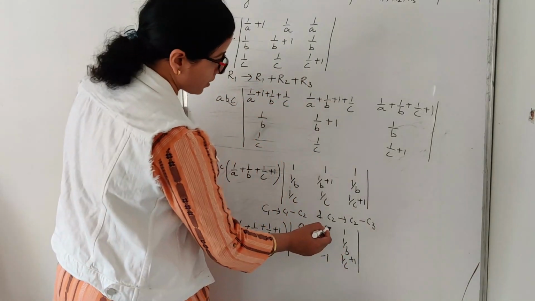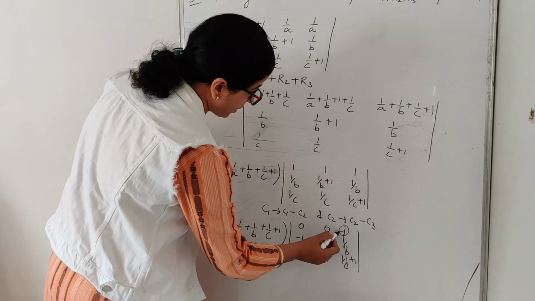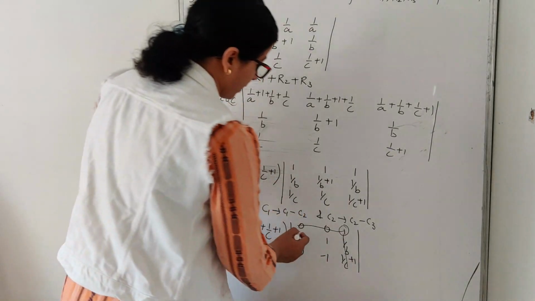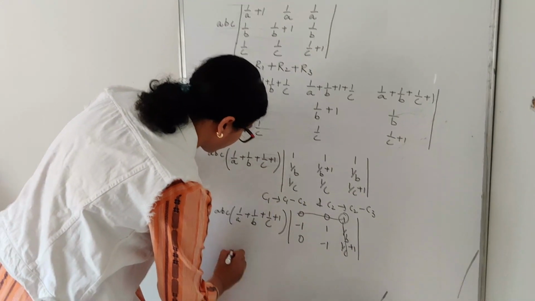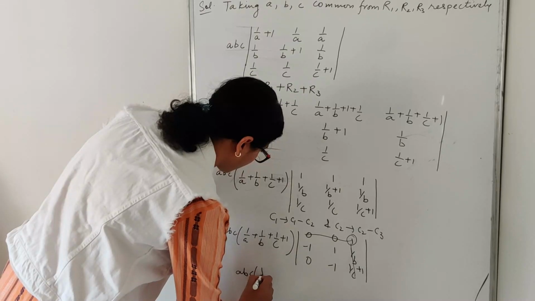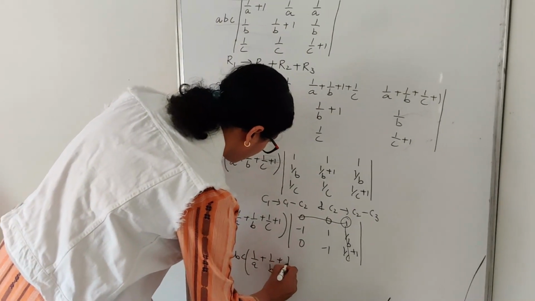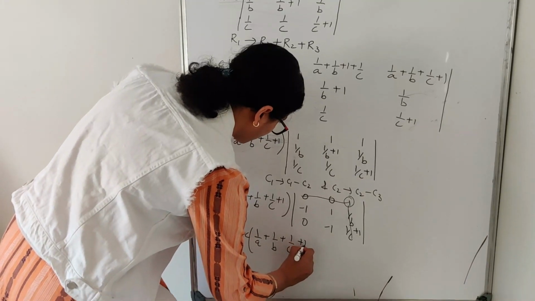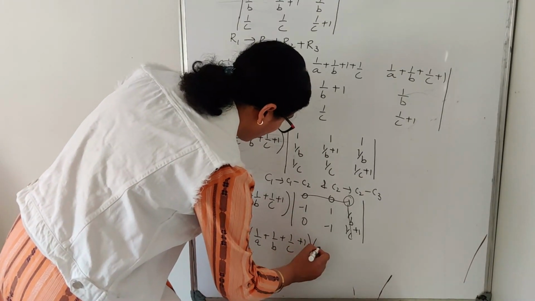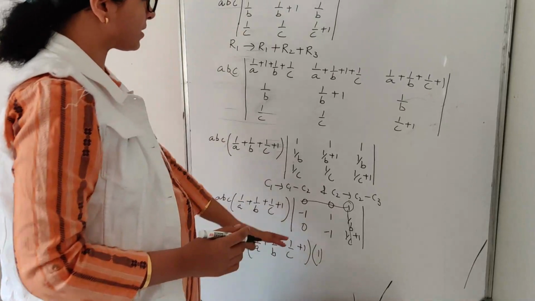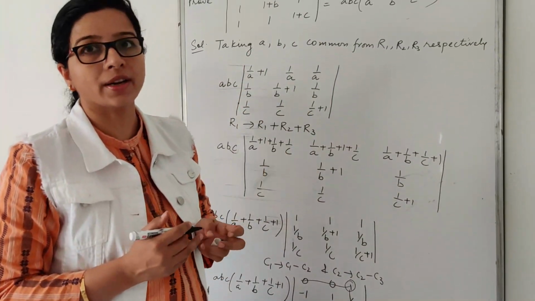Now see, this is my non-zero element of row 1. Leave the row and column. Now if you multiply, what you are getting? ABC, 1 upon A plus 1 upon B plus 1 upon C plus 1. So I got my desired result, what I wanted on the right hand side.